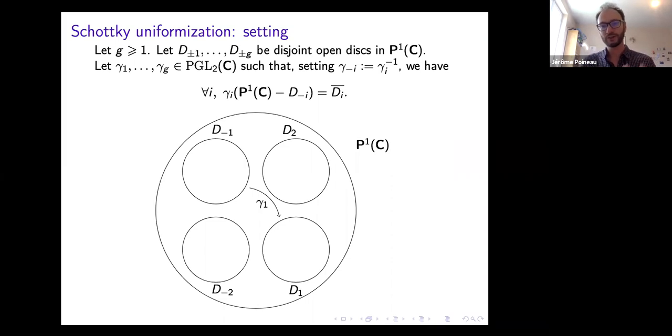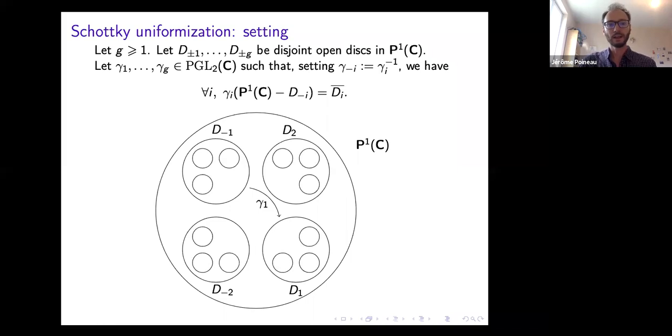It's a picture very similar to that of the elliptic curve before, except that we have more disks. If you do the quotient by the action of the gamma i's, the circles around D-1 and D1 get glued together. Same for the circles around D-2 and D2. And you find a Riemann surface with 2 handles, so a genus 2 surface. And this works for any genus g.